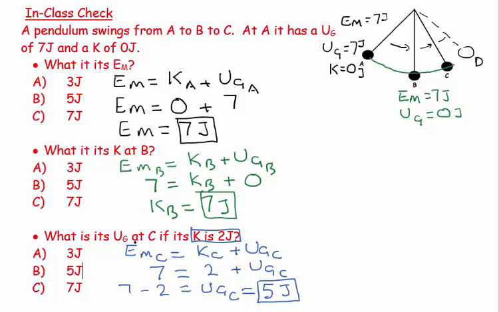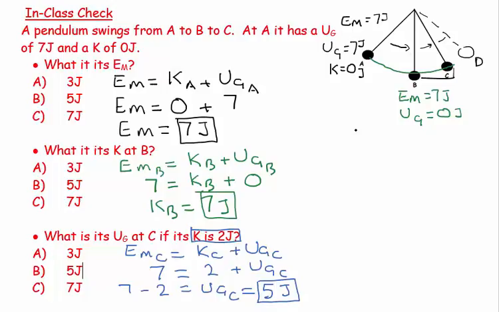I could tell you this is at the surface of the Earth, so you know that the gravitational field strength is 10 newtons per kilogram. And I could ask you for the height. How high is point C above the baseline? What is this height?